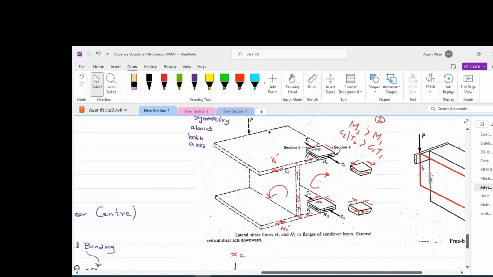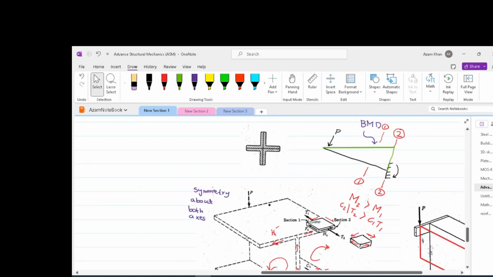So if we are interested in a higher cross section capacity, we take that I section whose distance between the flanges is higher. Cross sections such as plate girders give us very high moment capacity.